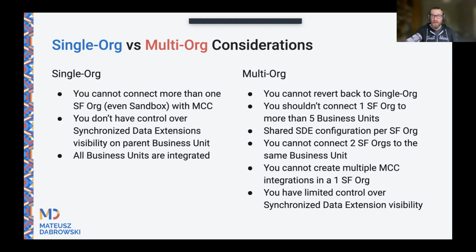There are no permissions to hide it. The only option to hide synchronized data extensions on the multi-org is to completely block access to Contact Builder and Email Studio, which is a huge limitation in terms of seeing the data that is for different business units.